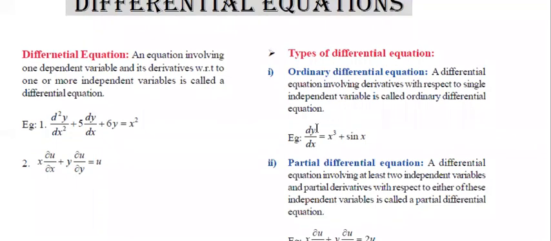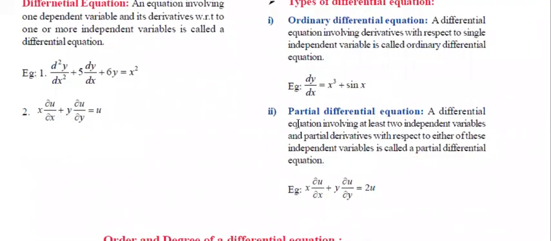See one example, dy by dx is equal to x cube plus sin x. Here we differentiate with respect to x, so x is the independent variable. Where a single independent variable is there, that equation we say is an ordinary differential equation.